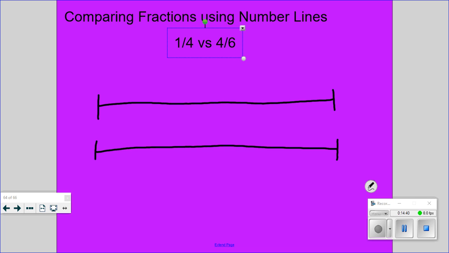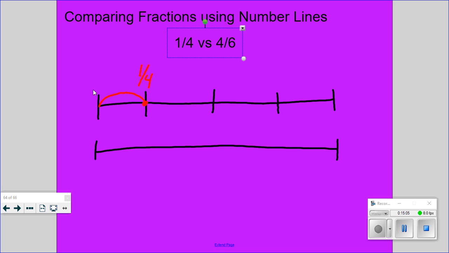Yep, so I can start by cutting it in half, and then halves again, and there's my fourths. I've got 4 pieces. All right, let's count to get to 1/4. Ready? 1/4. That was easy. There's 1/4. That's a pretty small piece. 4/6 are bigger.